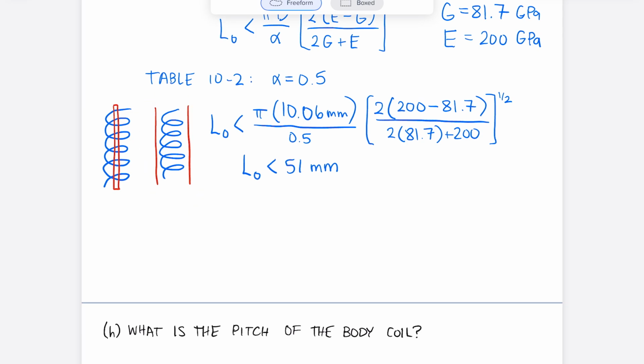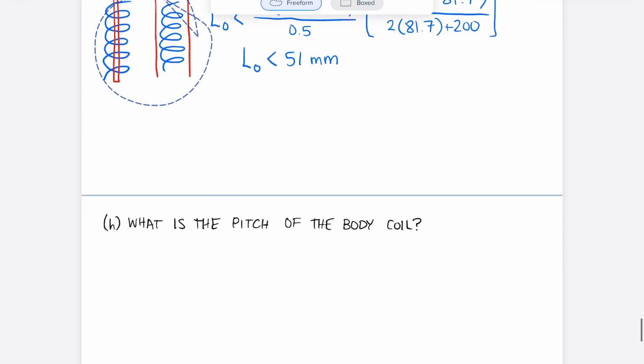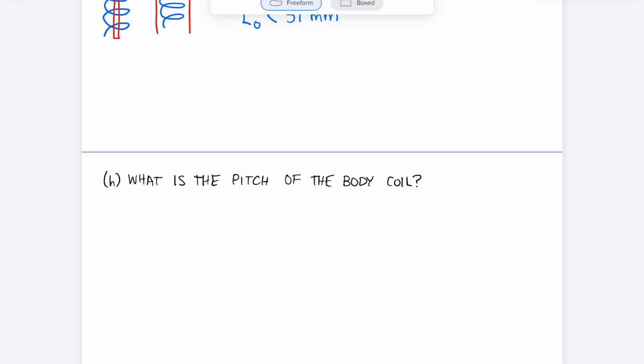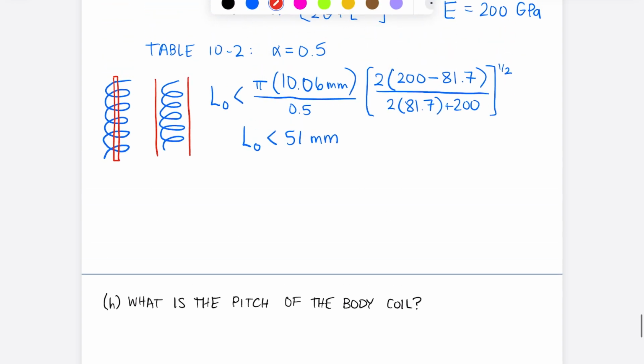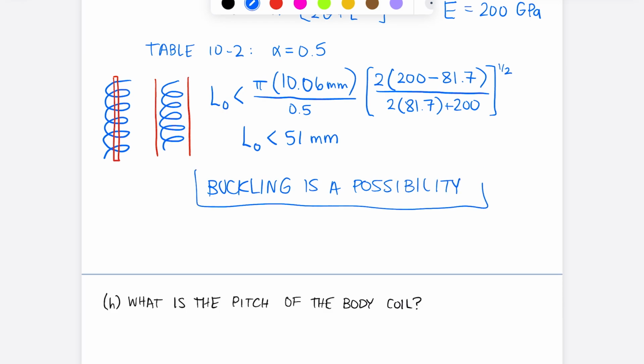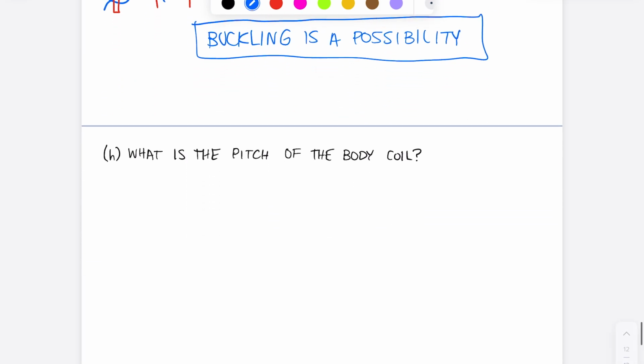So your ballpoint pen actually does both of these. All right. Okay, so buckling is a possibility, and we may want to think about some precautions to help avoid that.